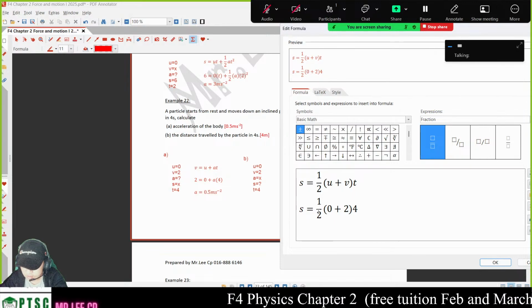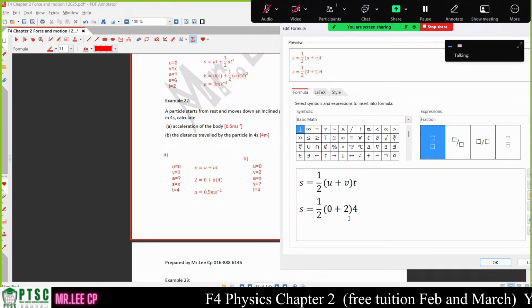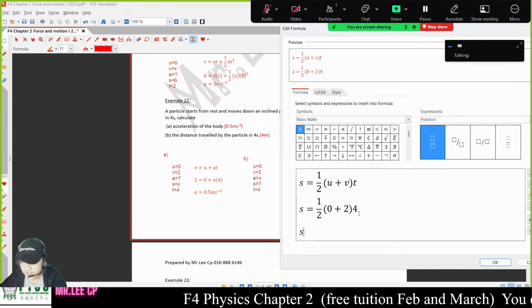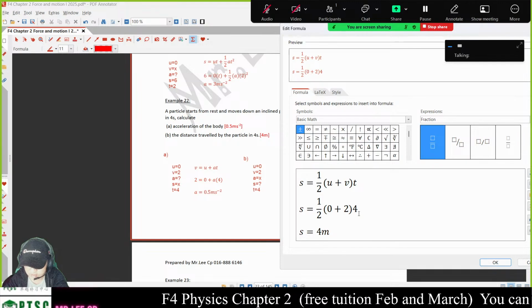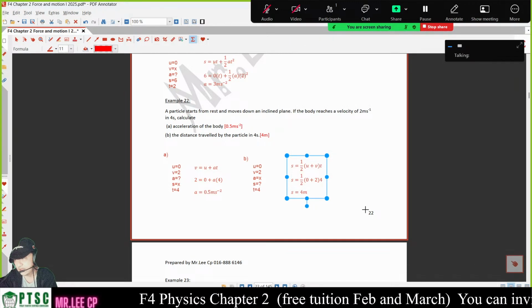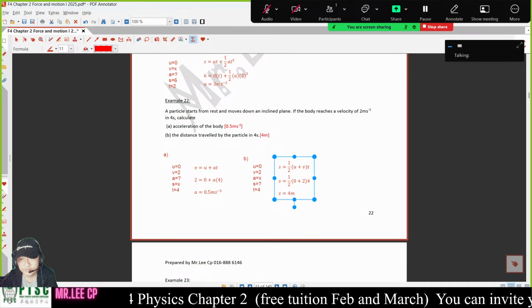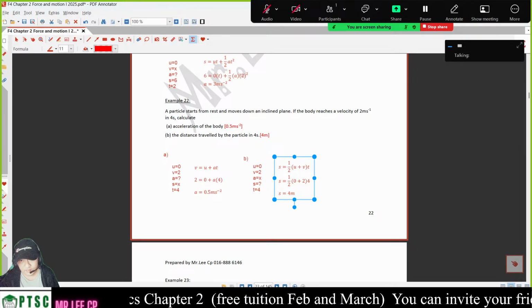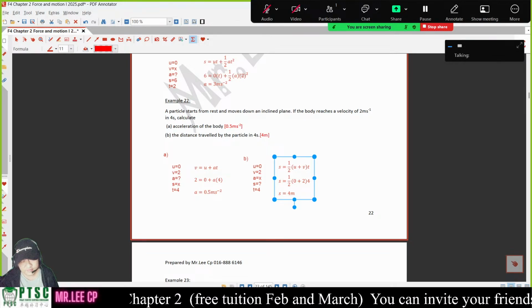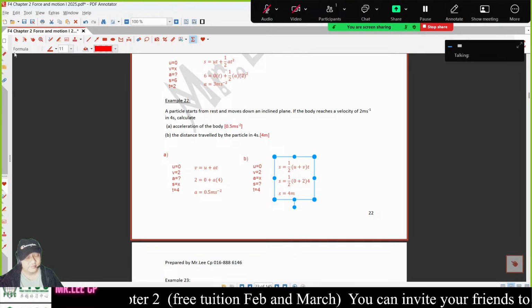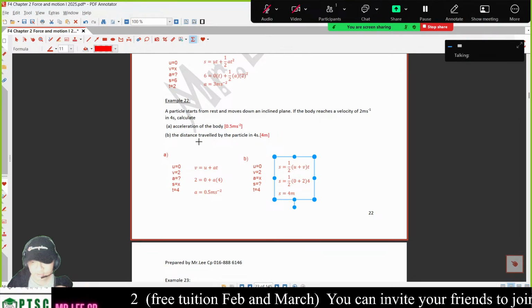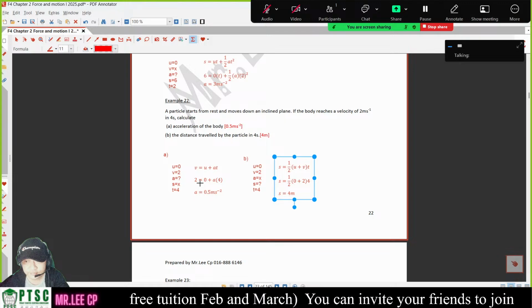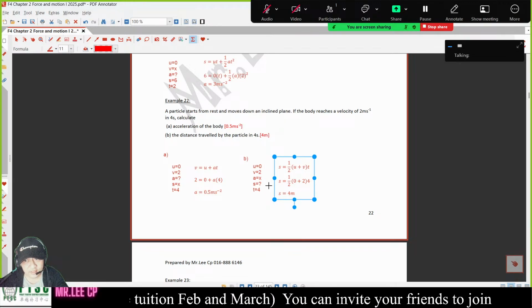So now these 2 and these 2 cancel, left 4. So S is 4 meter, sorry, not second, 4 meter. Right? Not that hard. I guess you can do it easily. I hope you can follow.